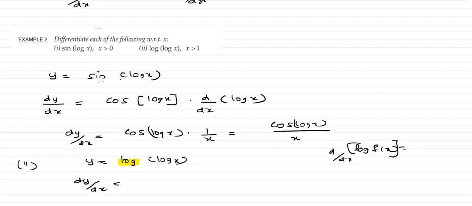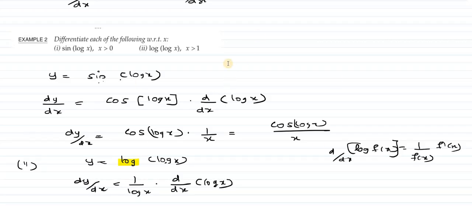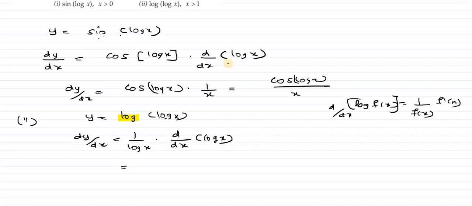But here it is log of log x, right? So 1 by f of x. Log of f of x differentiates to 1 by f of x into f dash of x. Correct? So log of log x. Here in the place of x they have given log x. So 1 by log x. Then differentiation of log x. Correct? Any doubt? So now what it will become? 1 by log x.